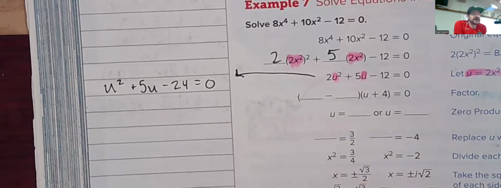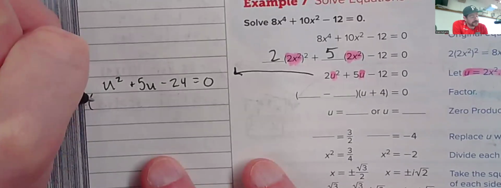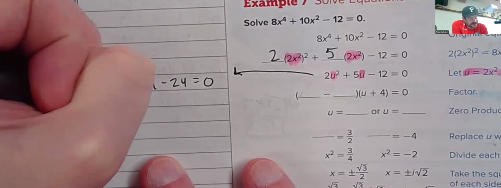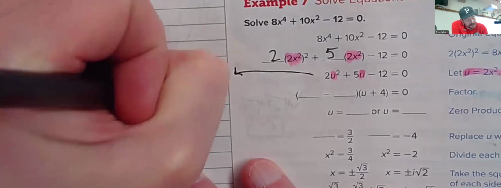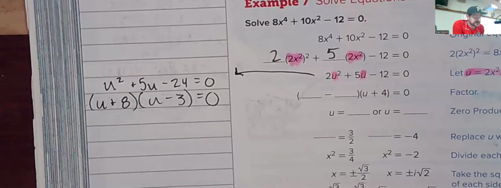What 2 numbers multiply to negative 24 and add to 5? Positive 8 and negative 3. Good. So we got u plus 8 times u minus 3 equals 0.